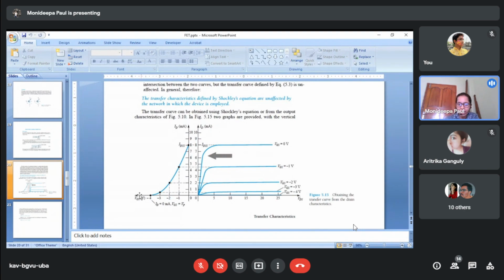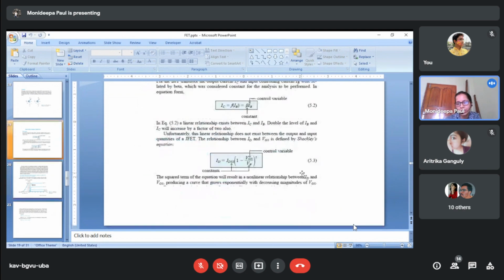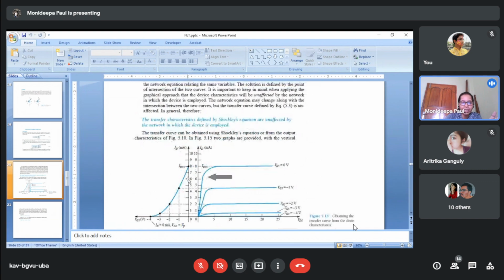And the left hand side of the curve is obtained from this equation, Shockley's equation. VP for a particular FET is fixed. If we vary the VGS, then we can get the IDS and ID. So if we plot this, then we get this curve.